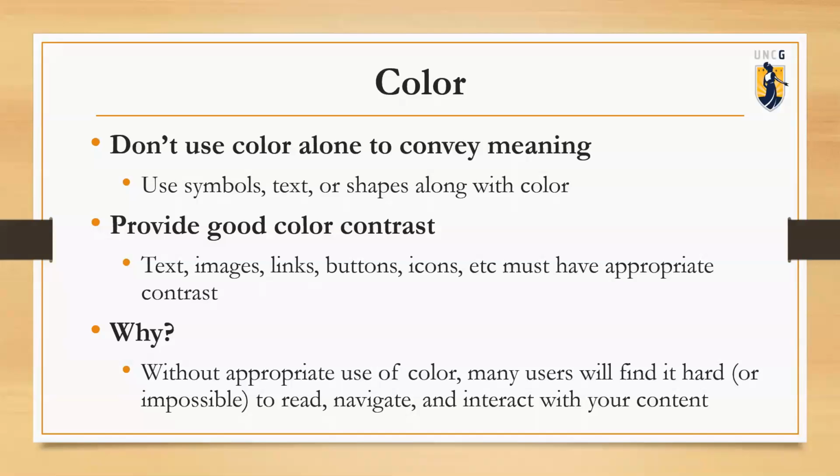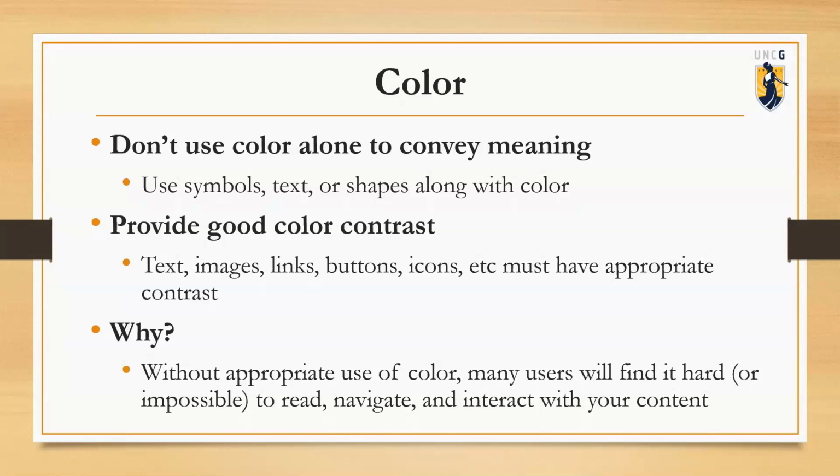Also, providing good color contrast. That just basically means your background and foreground need to have good contrast. So if you have a light background, you want your foreground, which would usually be your text or your images, links, buttons, you want those things to have a dark color. And then the opposite would occur if you have a dark background.